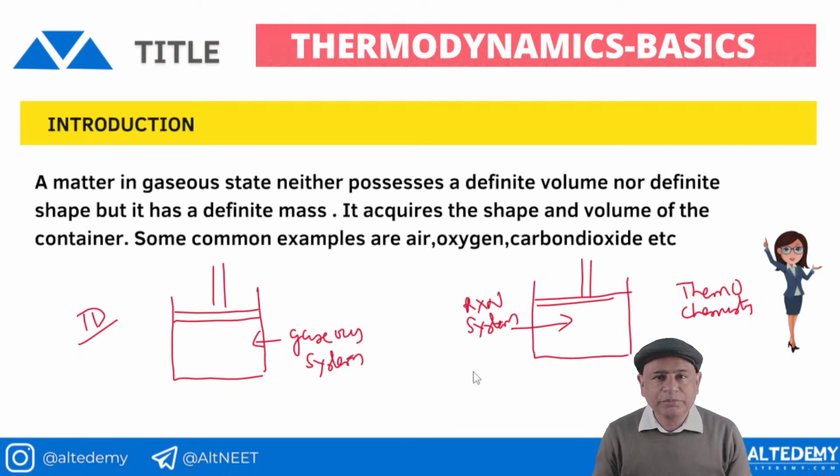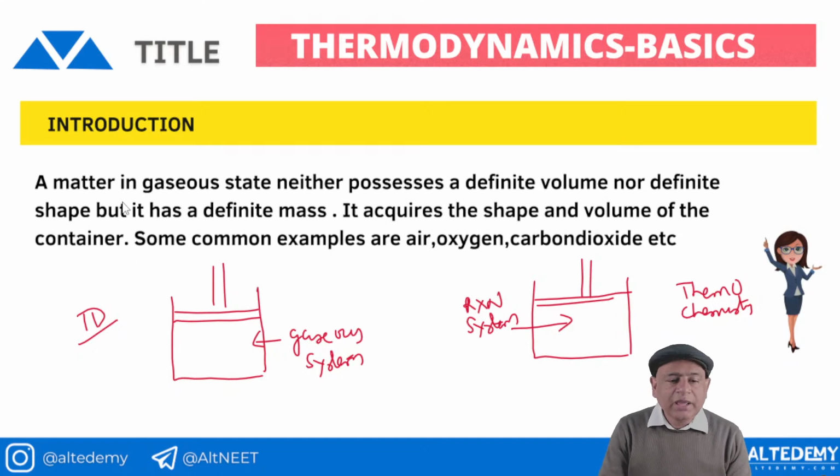They do not have a provision for a reaction. They have a provision for gaseous system. But we are talking about thermodynamics and thermochemistry both, because chemical reaction is everything for us. Every discussion, every theorization revolves around a reaction. That's why, when we are dealing with a reaction system, we call it thermochemistry.